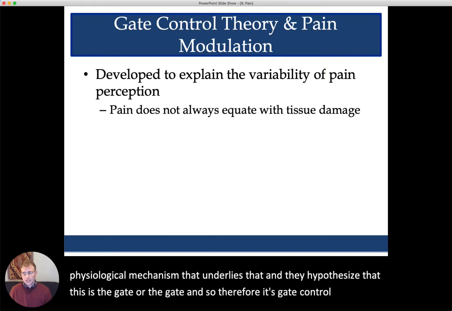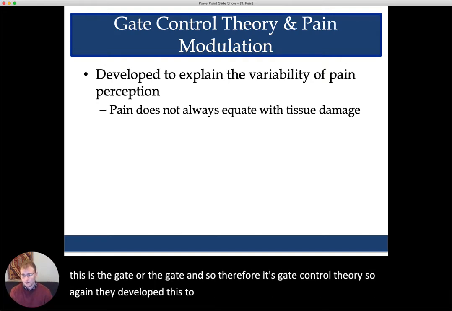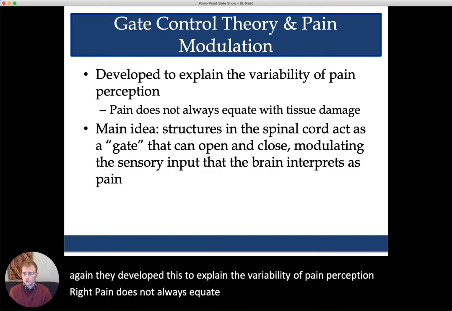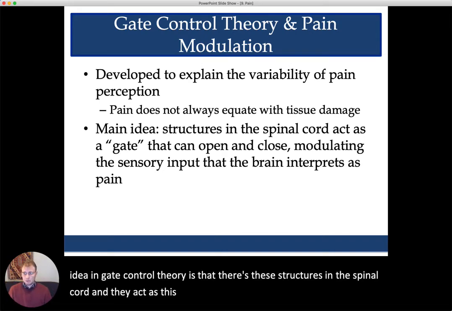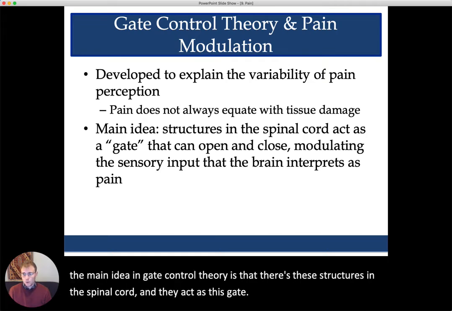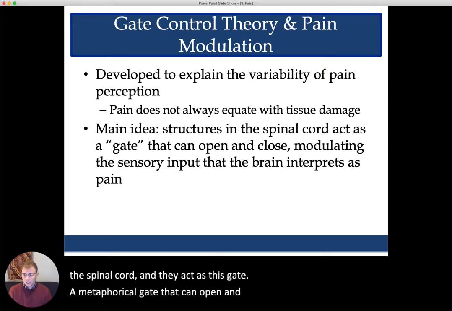So again, they developed this to explain the variability of pain perception. Pain does not always equate with tissue damage. The main idea in gate control theory is that there are structures in the spinal cord that act as a metaphorical gate that can open and close, modulating the sensory input that the brain interprets as pain.